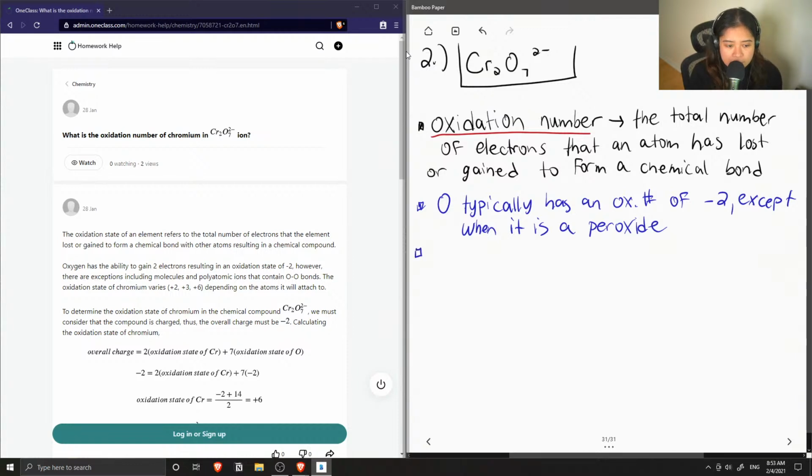Another helpful tip is that the sum of the oxidation numbers in a compound is equal to its overall charge.